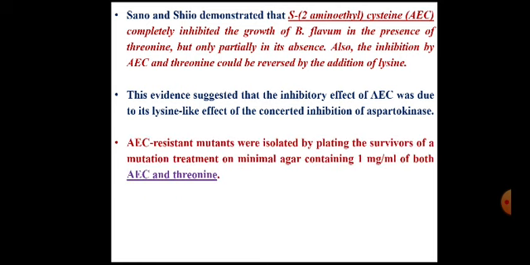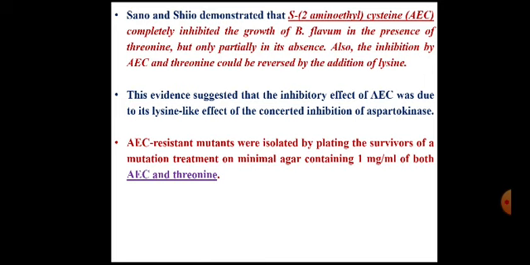So what will be the method for isolation of AEC resistant mutants? You will say the medium containing AEC. Wrong. The medium should contain AEC plus threonine, because the inhibition occurs not only in the presence of AEC but in the presence of AEC plus threonine.